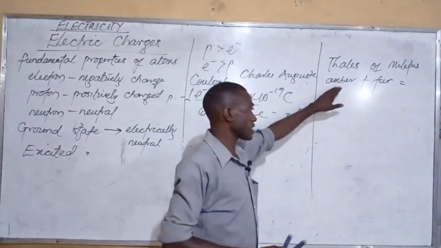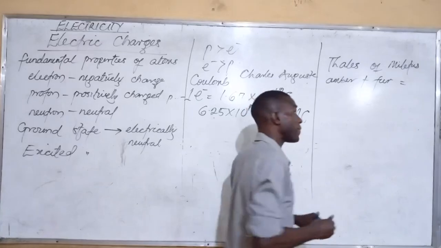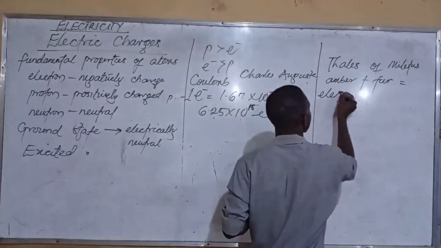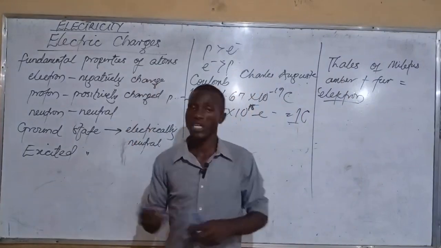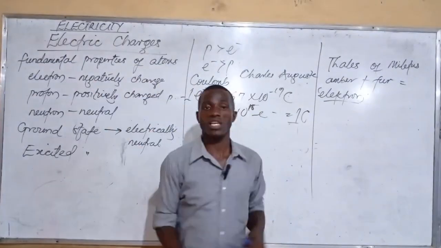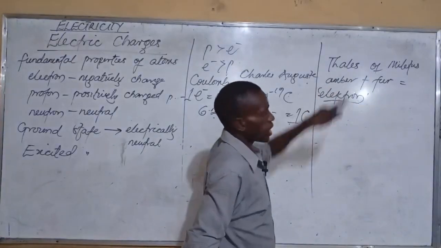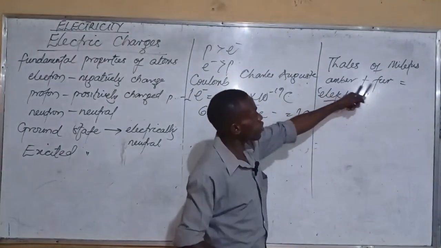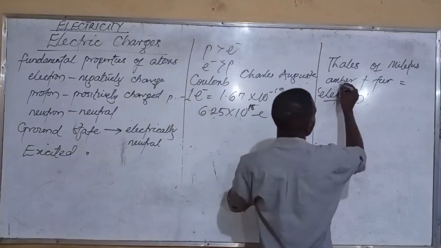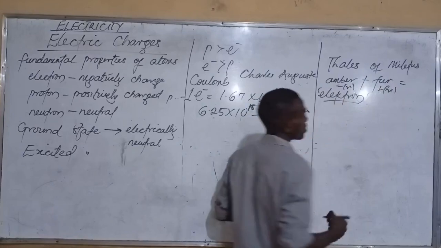And you see that amber is actually the root word for electricity, because amber in ancient Greek is called electron, and this is the word from which electricity is derived. And of course, the word electron. Okay, so it was discovered that when you rub this, this one became what? Negatively charged, and then the fur became positively charged.